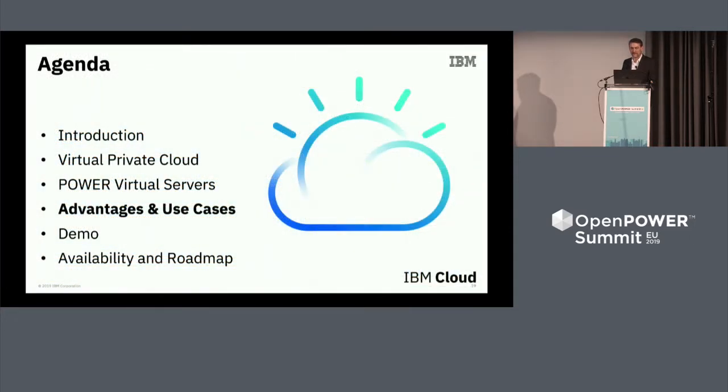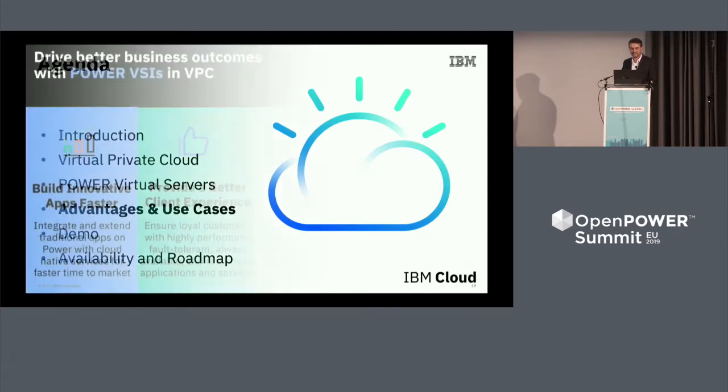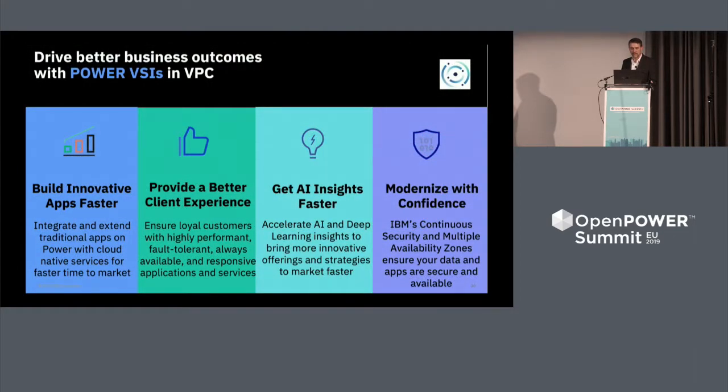Okay, some advantages and use cases. I'm not going to spend a lot of time on these slides. I mean, it depends on if you're more marketing oriented or not. That's what this is going to go through. So in this case, the advantages here is you're going to be building apps faster with a better client experience and being able to exploit those GPUs for faster AI insights.